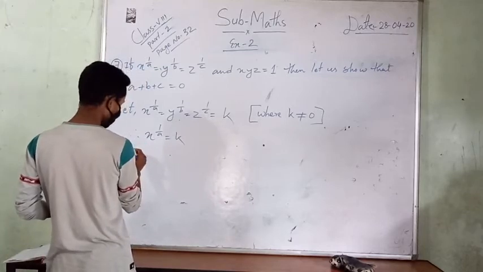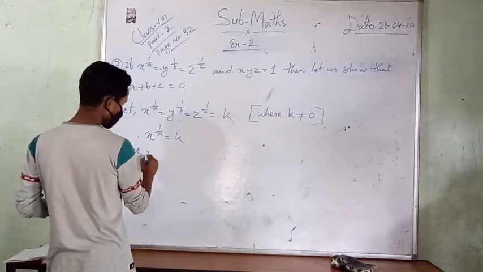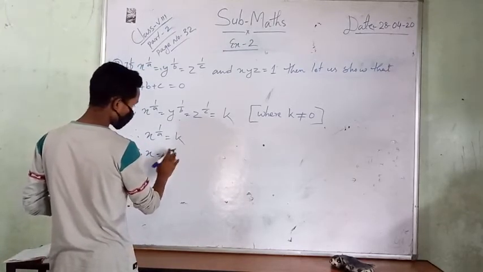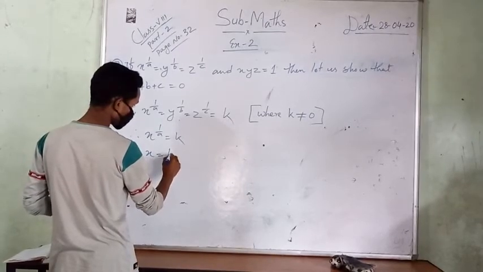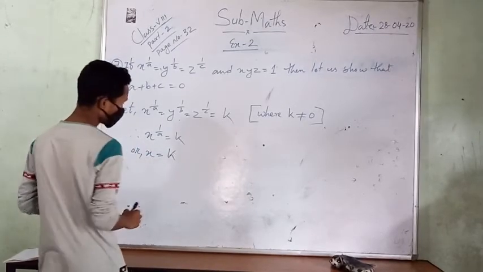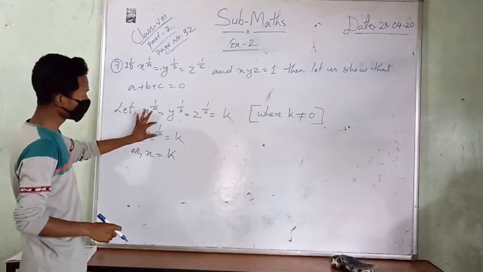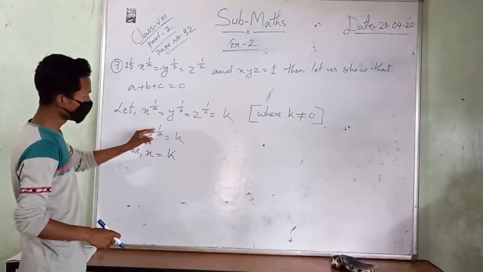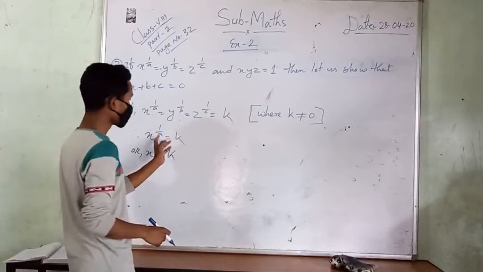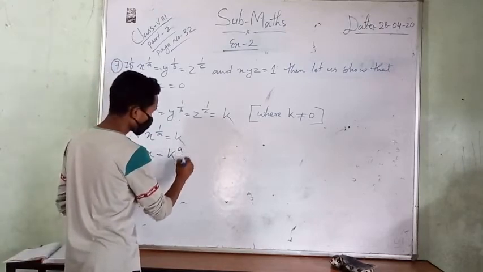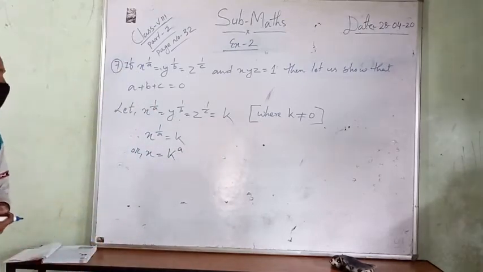So the value of x is k to the power, look at that, there is a power 1 by a. Then the power goes to this side, then k to the power a.